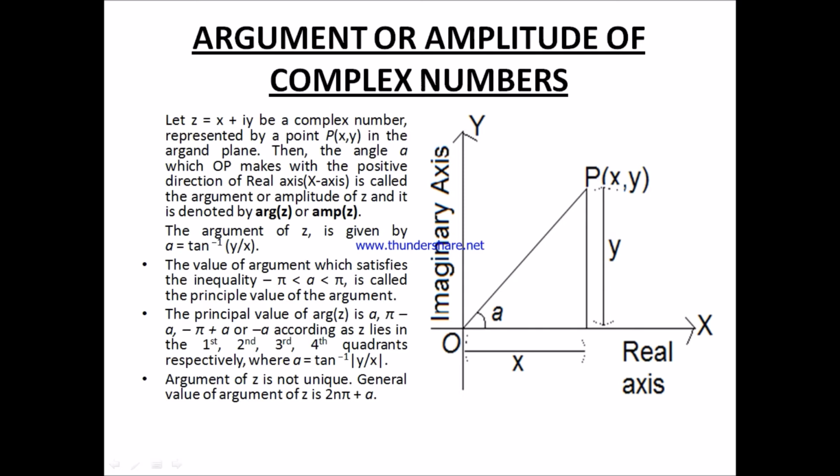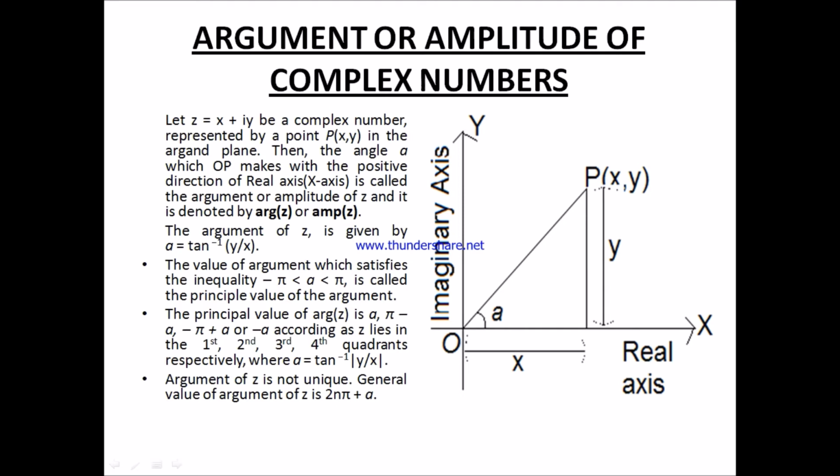Here are some important points about the amplitude or argument of complex numbers. Its principal value lies between minus pi and plus pi.